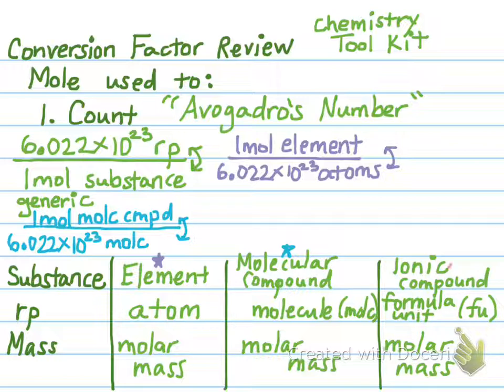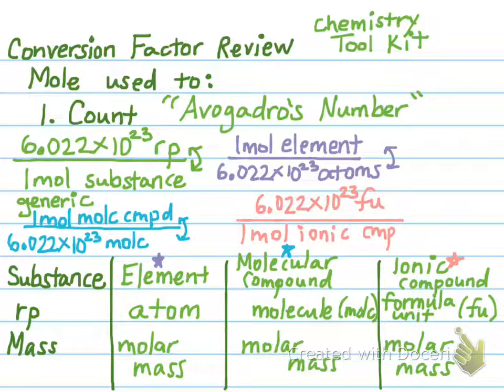And lastly, you had 1 for ionic compound. You had the 6.022 times 10 to the 23rd formula units is 1 mole of ionic compound. So most of you didn't have this generic one. Most of you had these 3 specific ones.